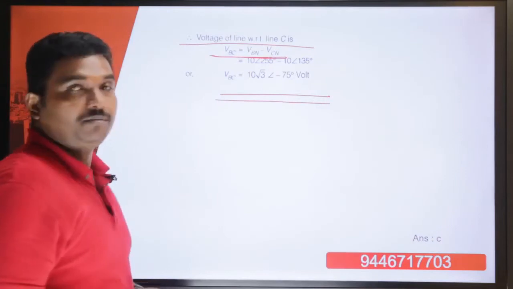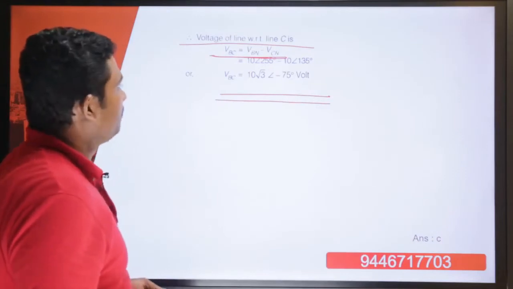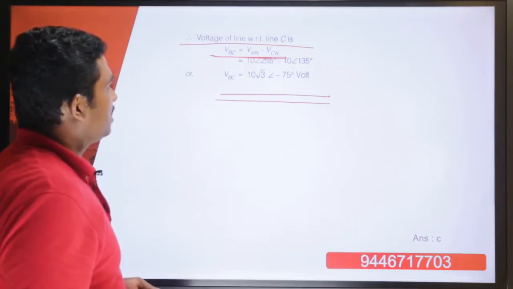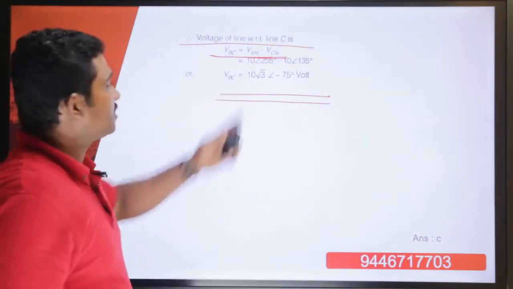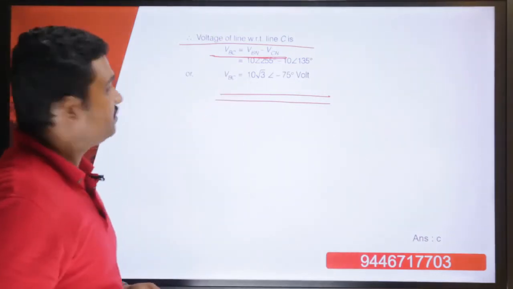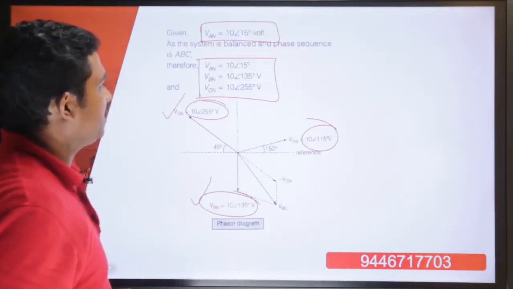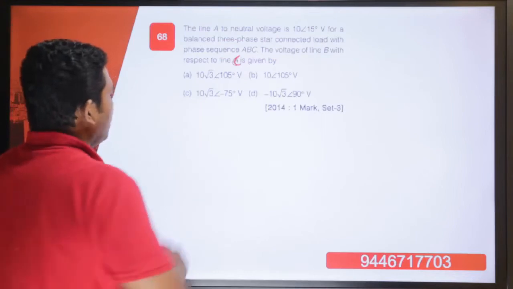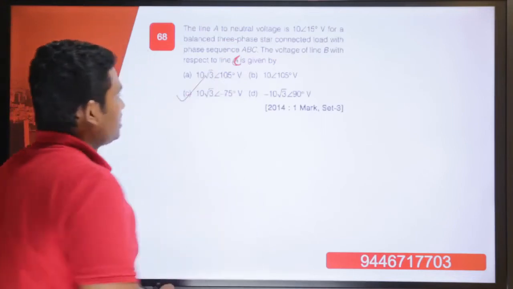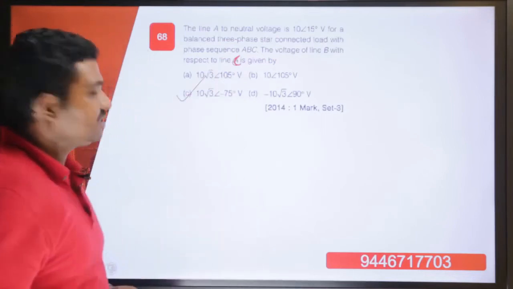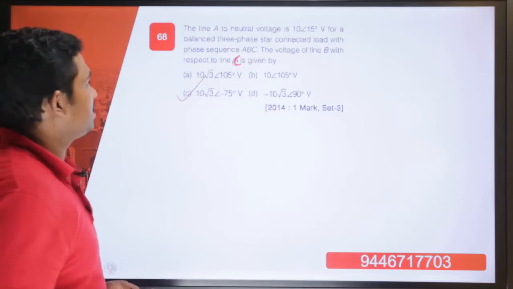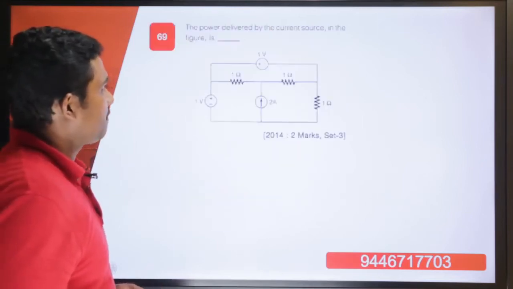So what is our option? Our option is option C, which is 10 root 3 angle minus 75 degree volt. So that is about question number 68.